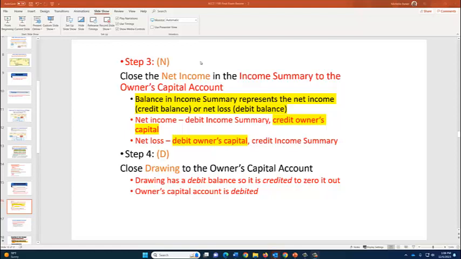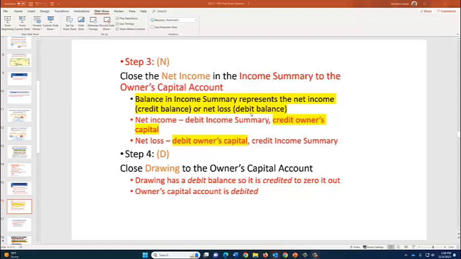In the third entry, we're closing the net income that is left in income summary into the capital account. We have to remember that this balance right here before step 3 in the income summary represents the net income or either the net loss of the company. So if we have a credit balance in income summary before the third entry, then we're going to have a net income.